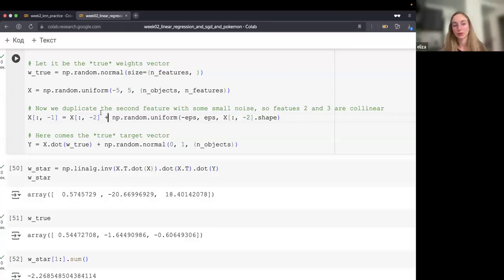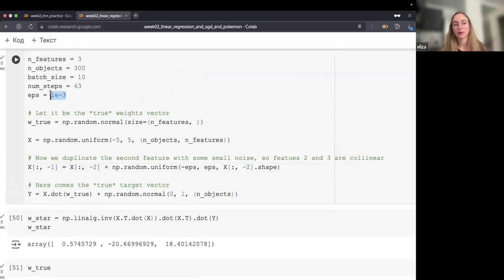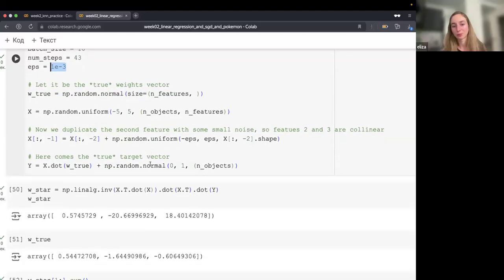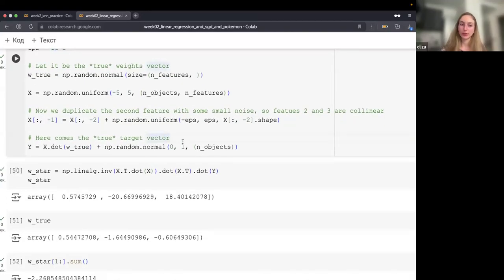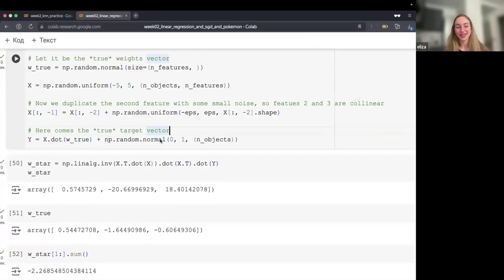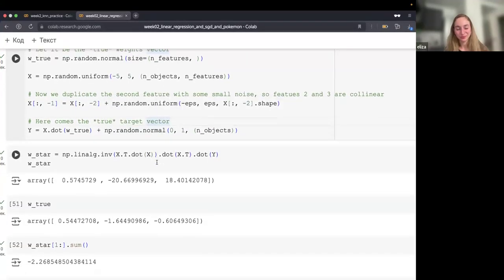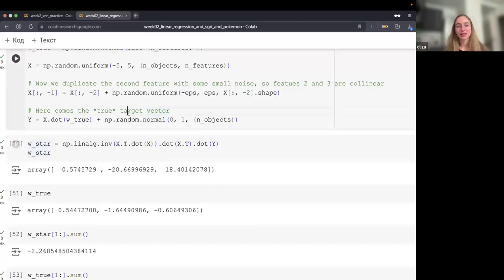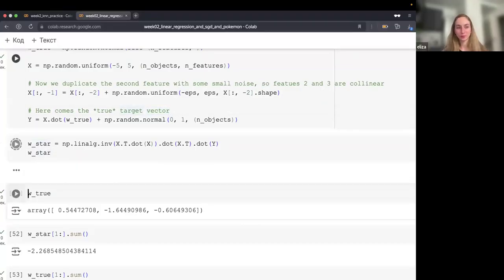You take the second feature and add some noise. The epsilon is a very small number. So you get that your third feature is the second feature with some noise. And to be honest, it's really bad, but we can understand why. Let's try to calculate.